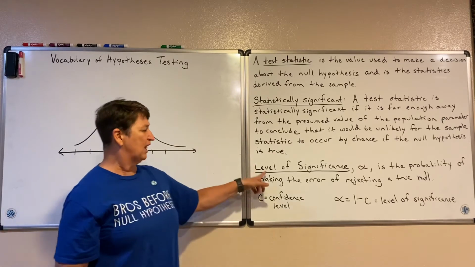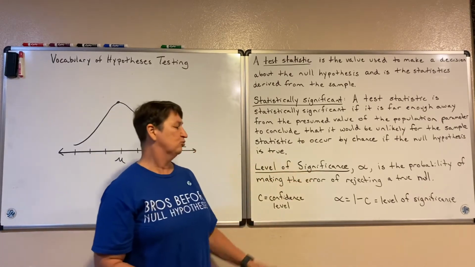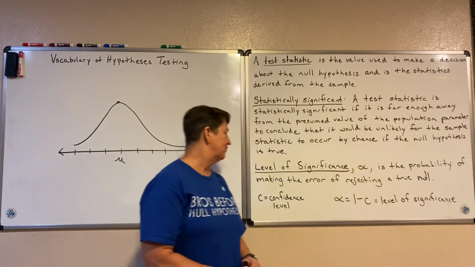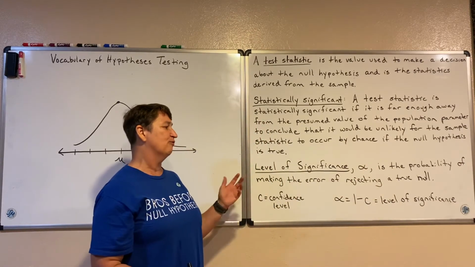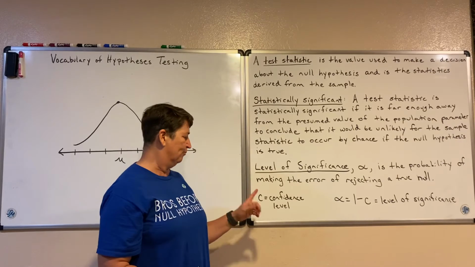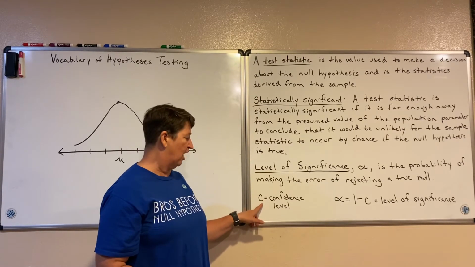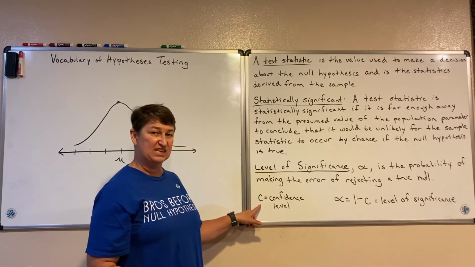Which, by the way, the level of significance, which we denote with alpha, is the probability of making an error of rejecting a true null. Remember that when we talked about our confidence intervals, our confidence level we denoted as C?